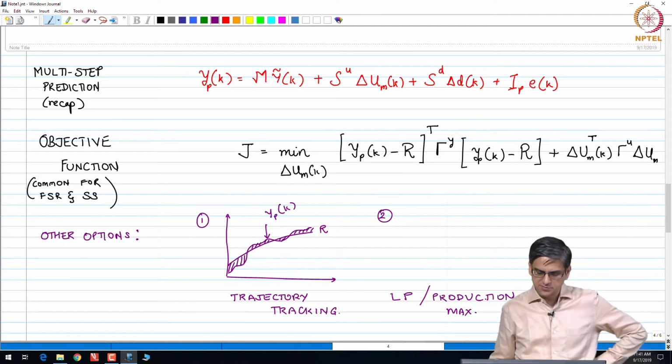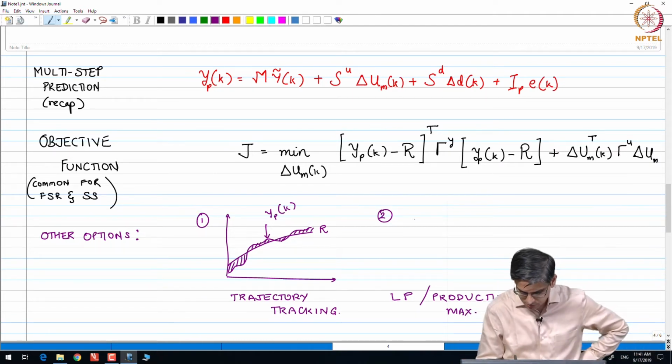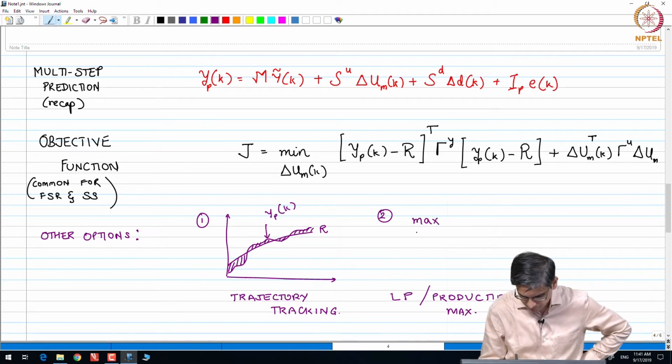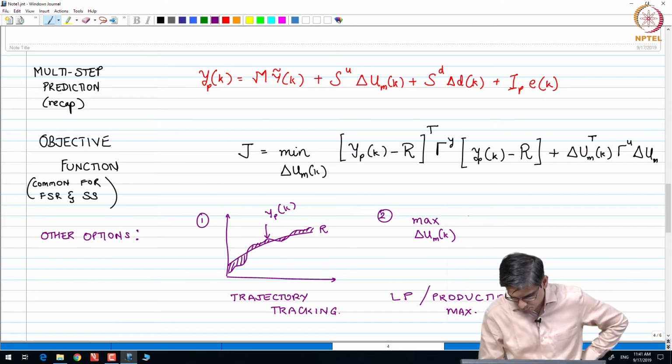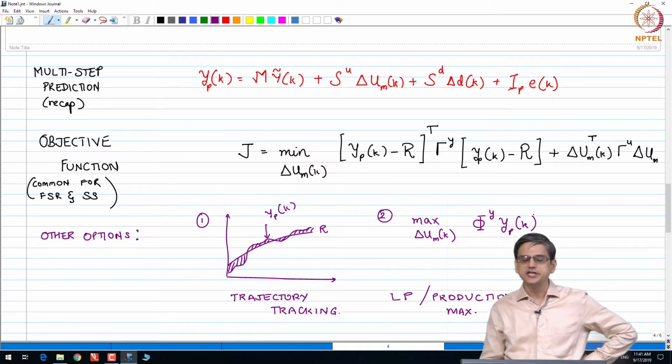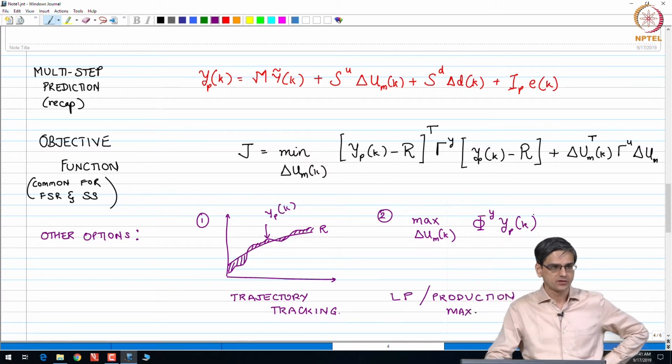Another is production maximization or cost minimization, which is a linear programming problem. Phi y would be a kind of cost function.